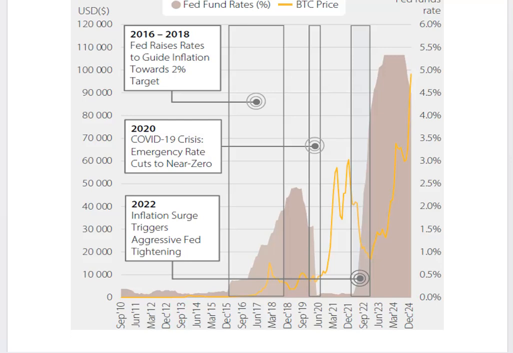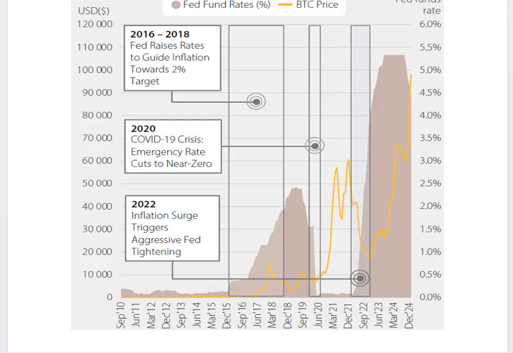But please pay attention. The overall conclusion is that high interest rates are bad for assets like Bitcoin. But of course, you might wonder why Bitcoin still grew despite high interest rates in 2023 and 2024.